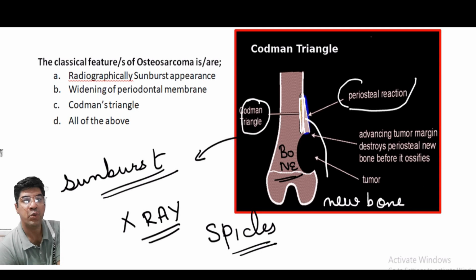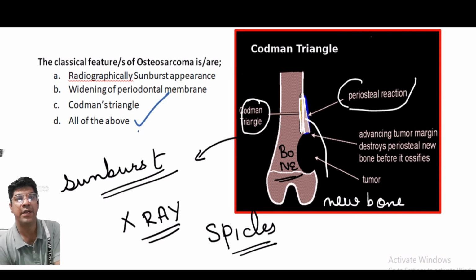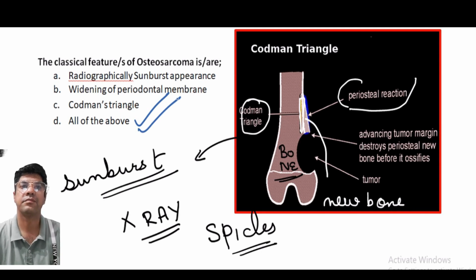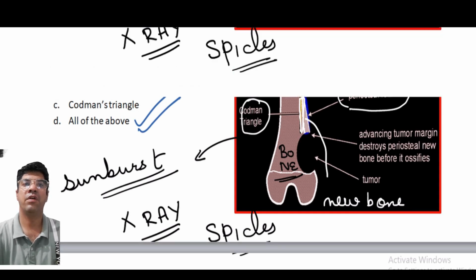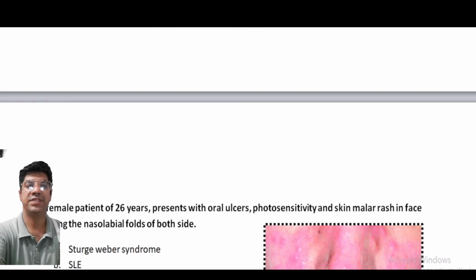It is due to the elevation of the periosteum by the growing tumor. So the answer here would be all of the above. All of the above are correct statements.